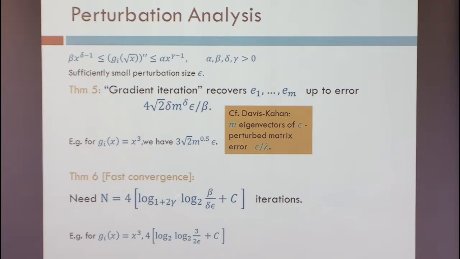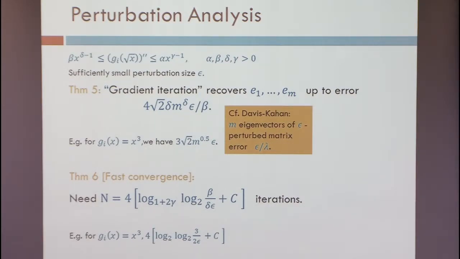And when gamma becomes close to 0, this becomes log base 1, and this becomes infinite. So in the limit case, you actually don't have this convergence. Of course, this is true, because if you're just doing power iteration for matrices, you would never recover eigenvectors other than the main one.